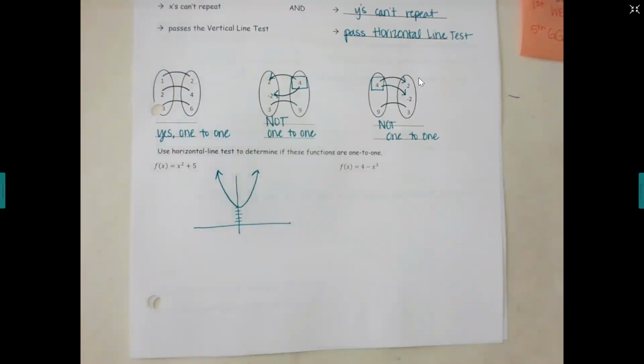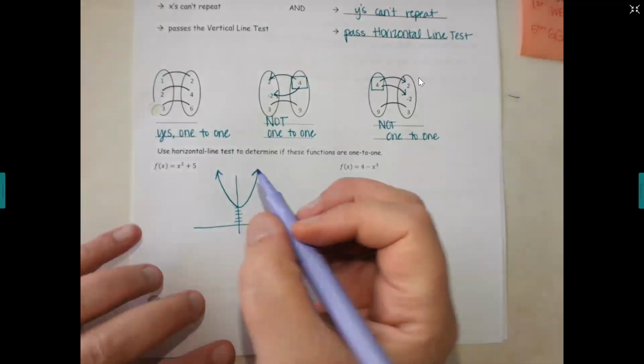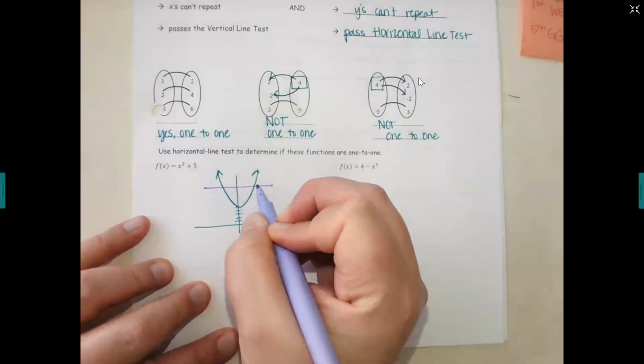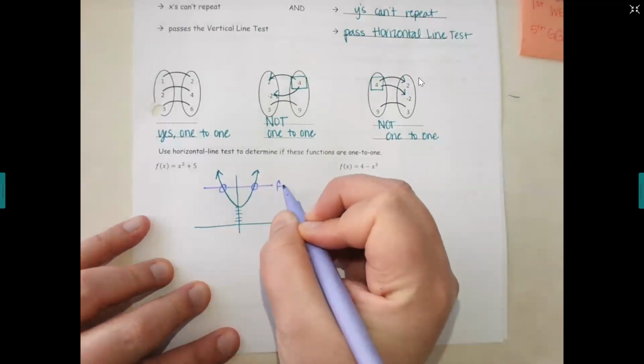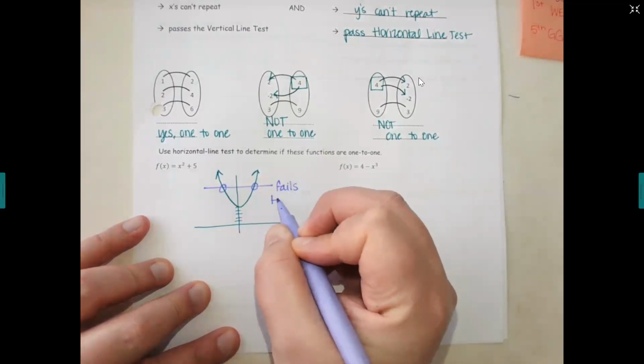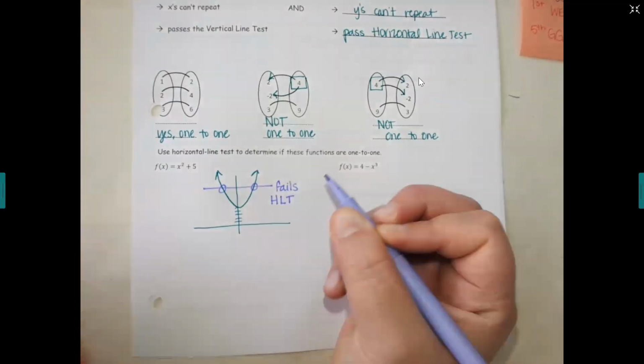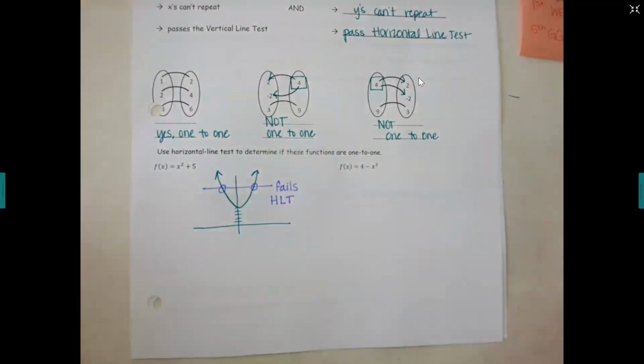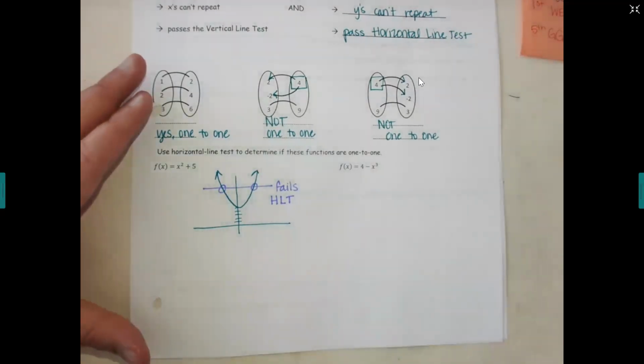But the horizontal line test says it also has to pass this way. If I draw a line through it this way, is it going to hit more than once? Yes. So I'm going to go ahead and draw that line in here. This way, it crosses twice, so it fails the HLT, which is the horizontal line test.